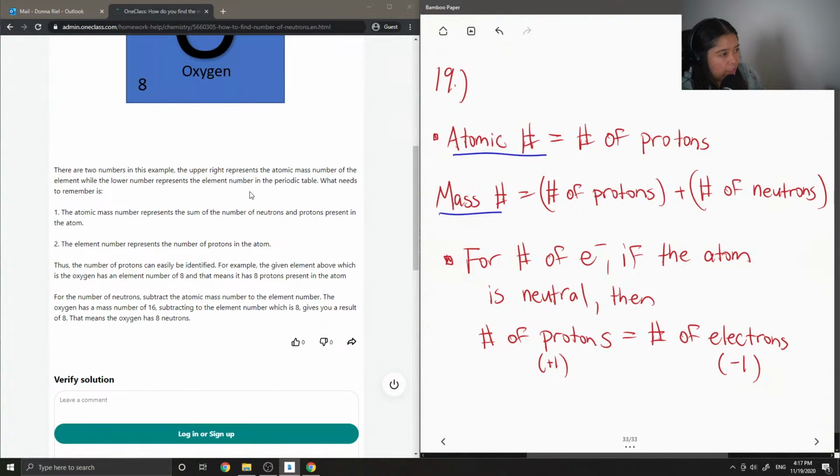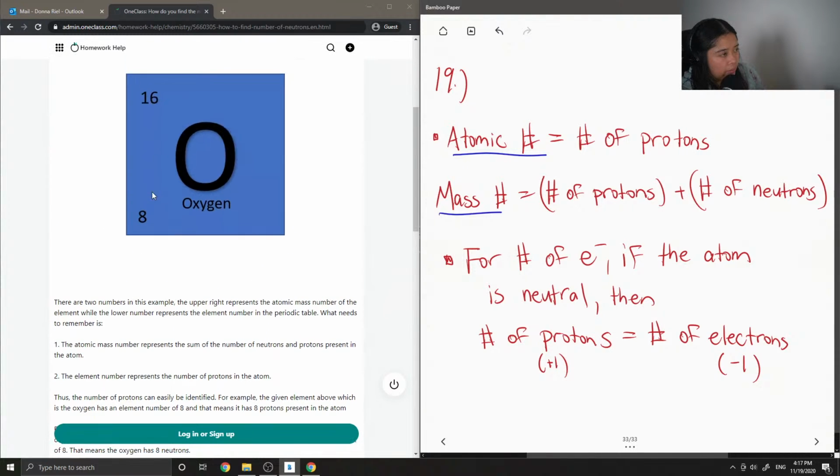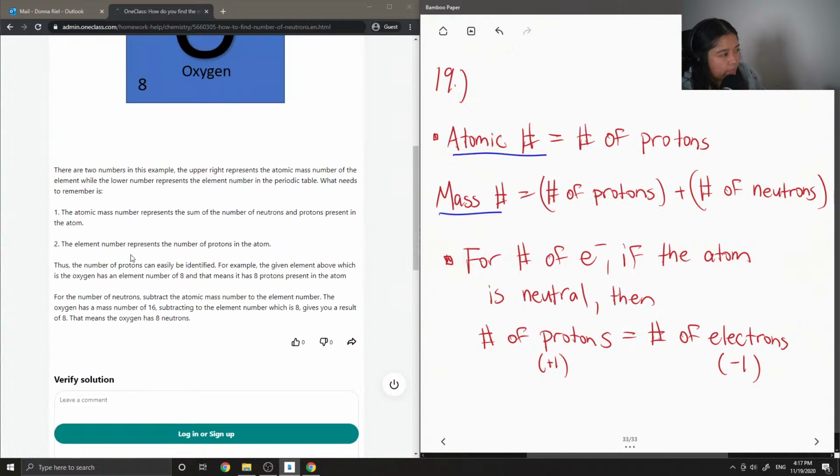The upper right represents the mass number of the element, while the lower number represents the element number in the periodic table. Atomic mass number represents the number of neutrons and protons present in the atom. The element number represents the number of protons in the atom. Thus, the number of protons can be easily identified. Number of neutrons, subtract the atomic mass number to the element number.